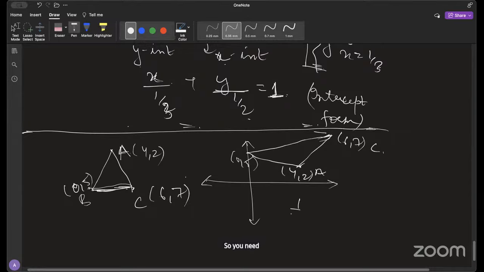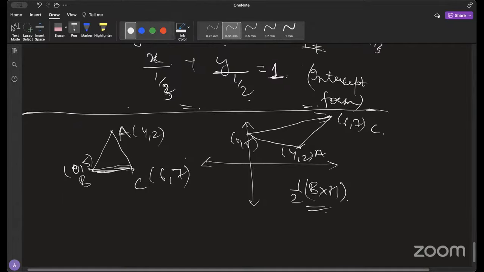So you need to find it in this manner, right? This is the question. I'm asking the person who had this doubt.